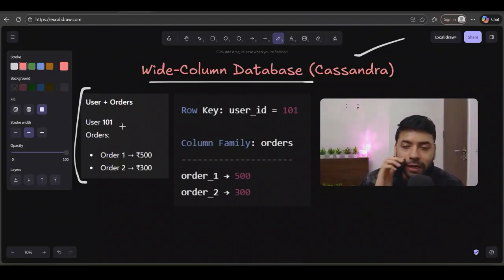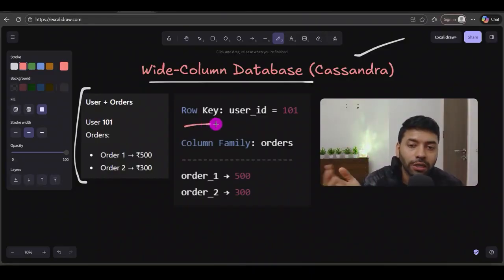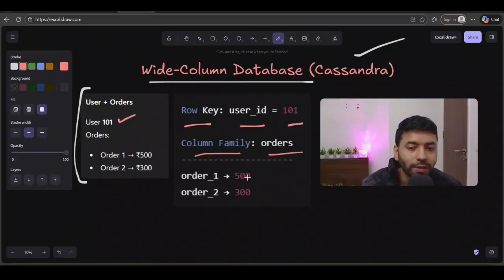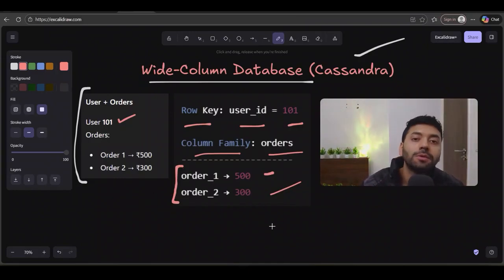Now, because in wide column database, we have the row key, the column families, columns and values, here the data will be stored using the row key, which is user ID 101. So the row key here is user ID, and we are talking about ID 101, correct? And the column family would be orders, and in that you will have these columns: order 1 having the value 500, order 2 having value 300. If you have more data coming, more columns will be generated.